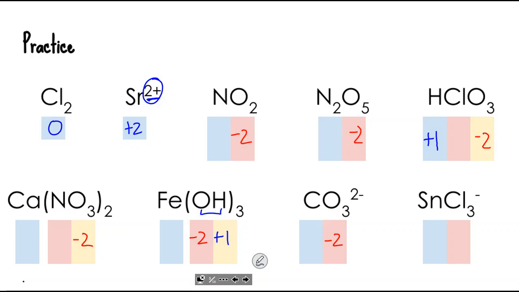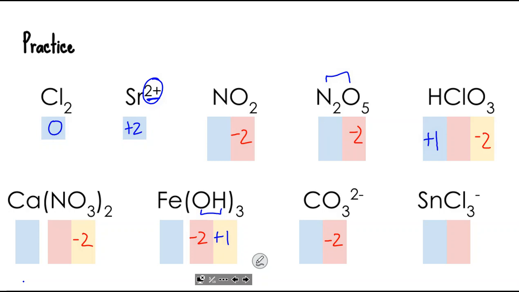Now looking at some of these other ones, remember when you have two nonmetals here, which technically are not ions in the normal sense, we assign them oxidation numbers to keep track of the electrons.